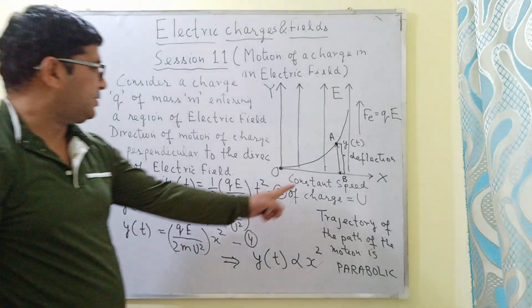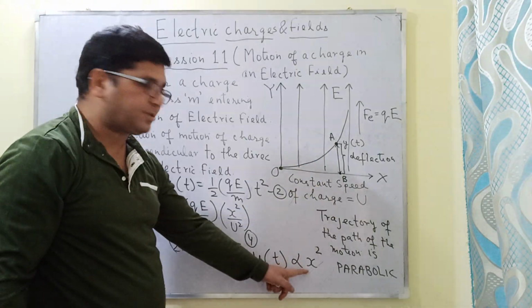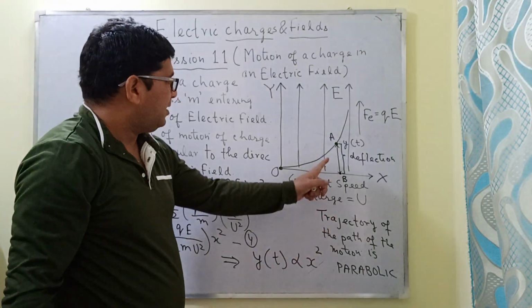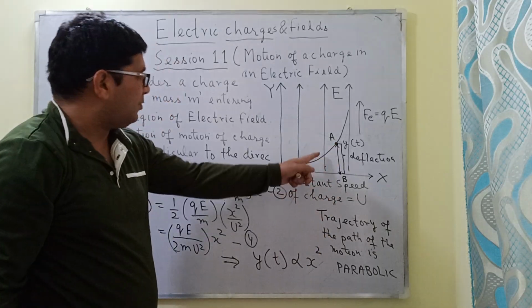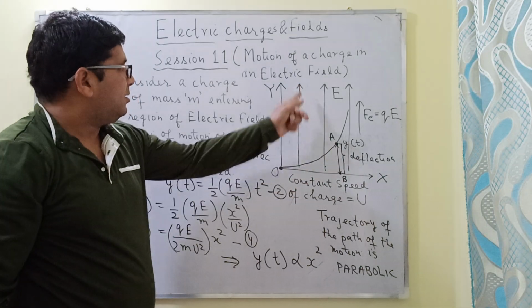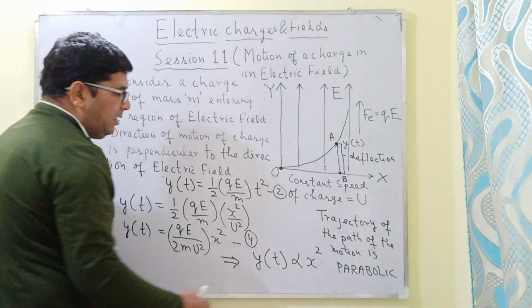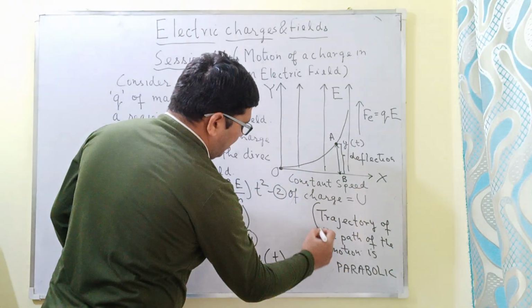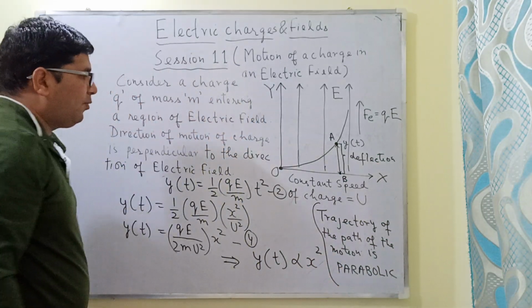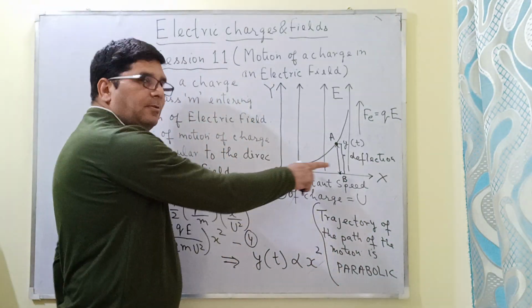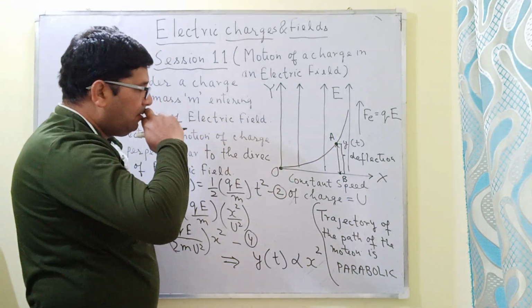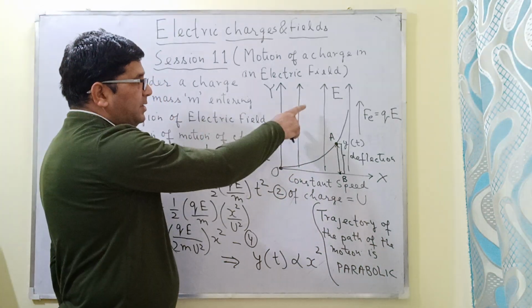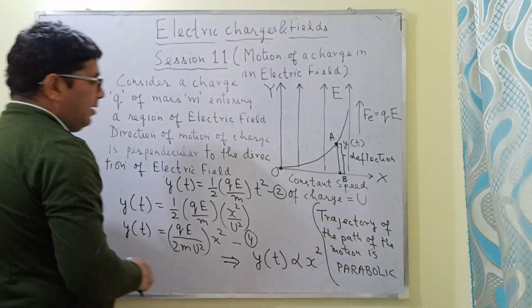Because this displacement is directly proportional to x square, we can say that the trajectory of the path of motion of this charge in this region of electric field will be parabolic. And this is the case when the charge is entering a region of electric field in a direction perpendicular to the direction of the electric field.